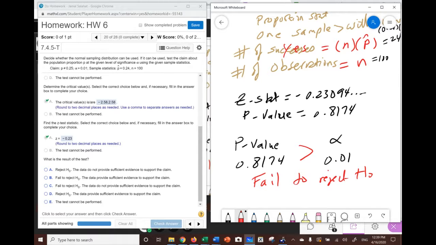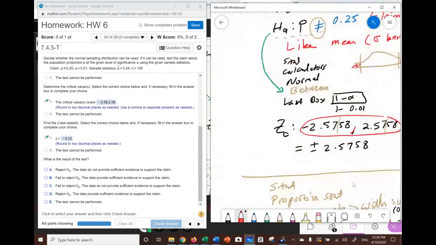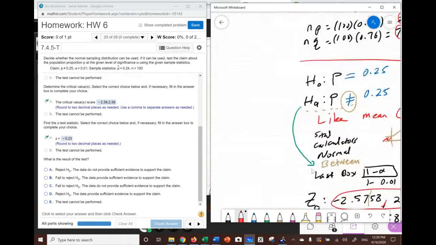Now, if you fail to reject H naught, what happens? Let's go back up to the problem here. Here is my test. Let me just slide it to the right. So in my conclusion, I'm going to fail to reject H naught. And the decision for HA will be the opposite, so reject.